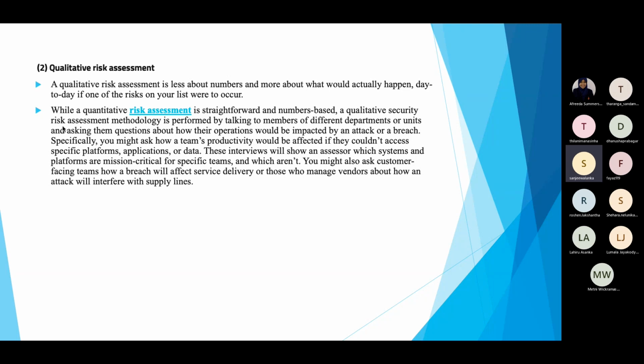That means that qualitative refers to feelings. It cannot be measured quantitatively. Yes. So what do you mean by how operations would be impacted by an attack or a breach? Sanjeeva, do you know what is a breach?